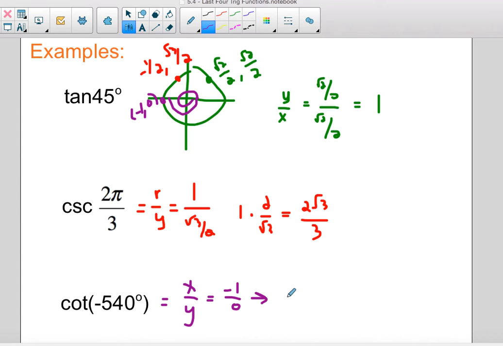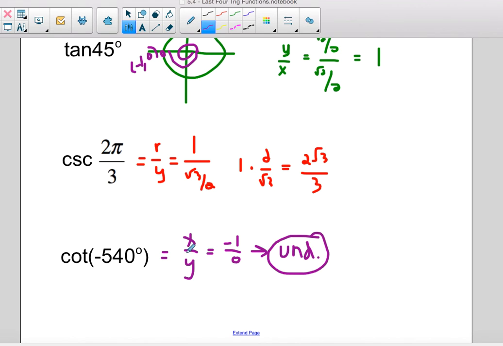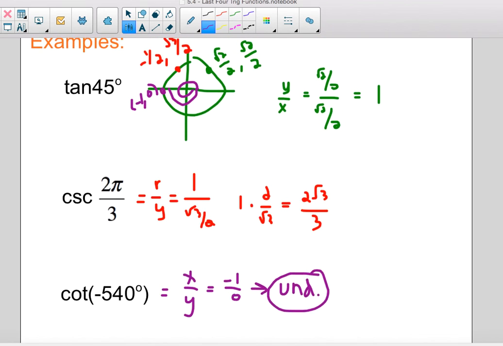This is something that we call undefined, right? You cannot have 0 in the denominator. So as soon as you get that, it's undefined. And you're going to have some other ones that end up being undefined too, because once you move one of the x's or y's to the denominator, then you could have 0 in the denominator. The radius would never be 0 because that's going to be 1, but x's and y's certainly could be.